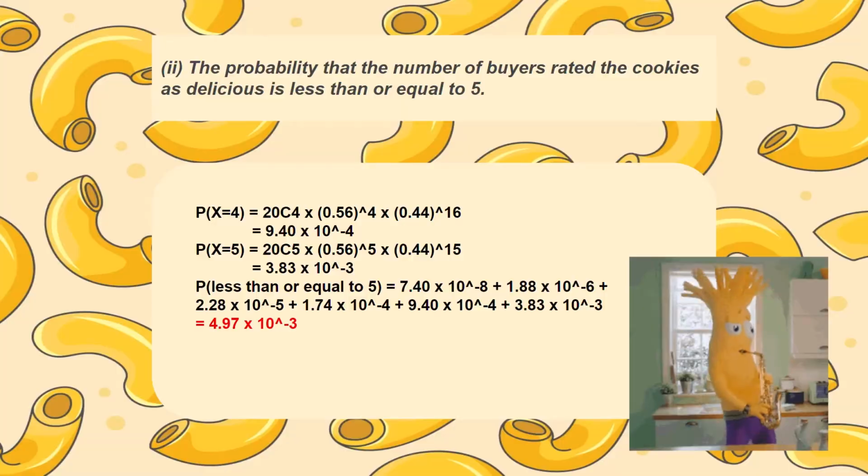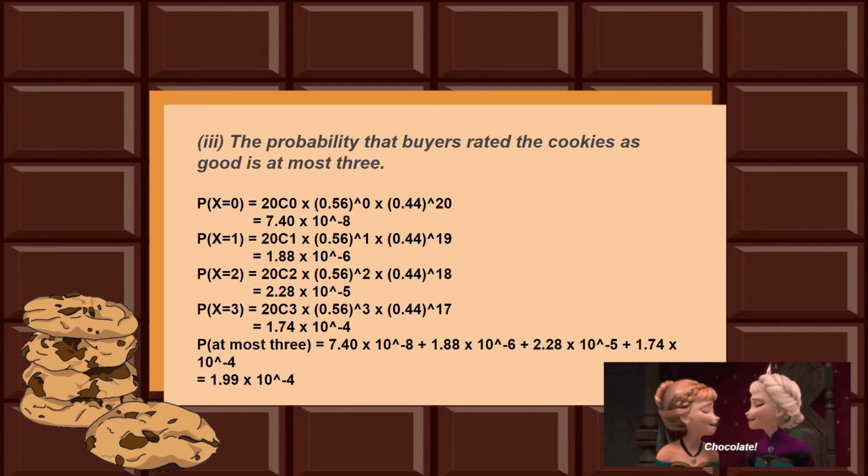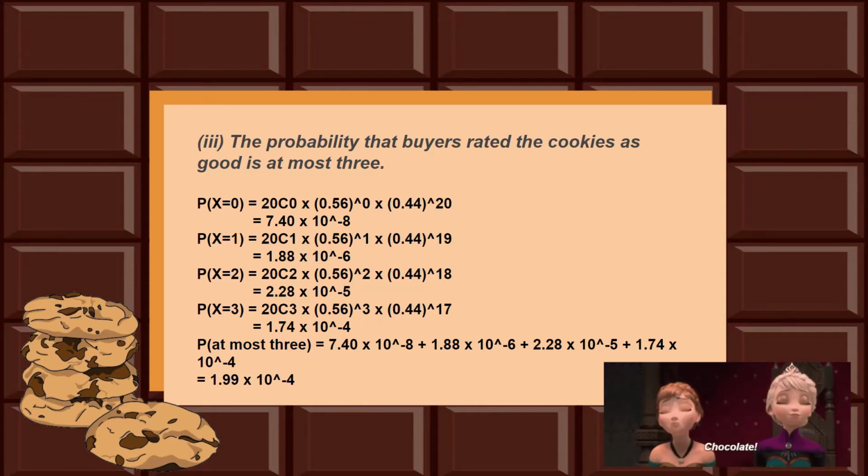So, the next one. This question is actually similar to the previous one, just with different wording. The probability that buyers rated the cookies as delicious is at most 3. What does it mean by at most 3? It's the same as P(X) less than or equal to 3.